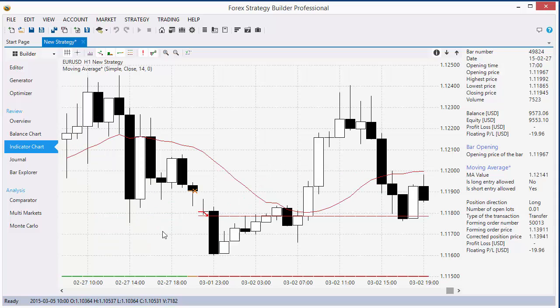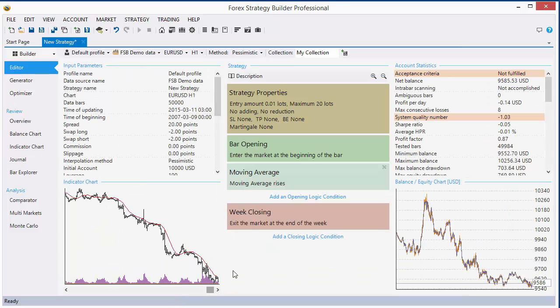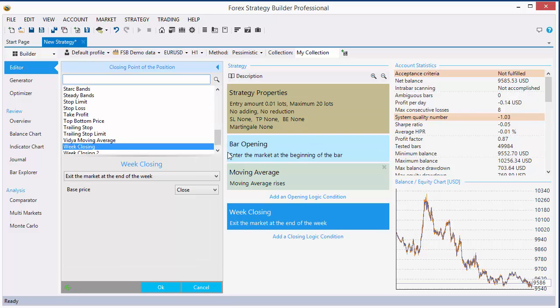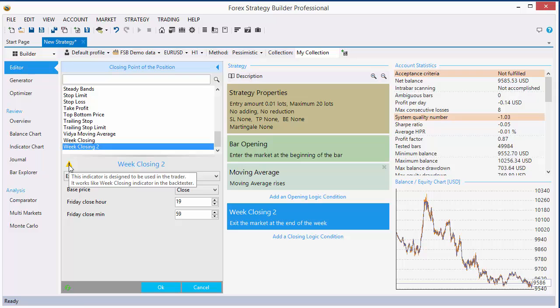With that indicator we have the same problem, because it works well for backtesting, but for trading we have to use Week Closing 2. It's not a problem to backtest the strategy with the Week Closing 2 indicator. It will work in the same way in the backtester, but it is useful for the trader because we can specify the exit time according to the time zone of the broker, according to the data.